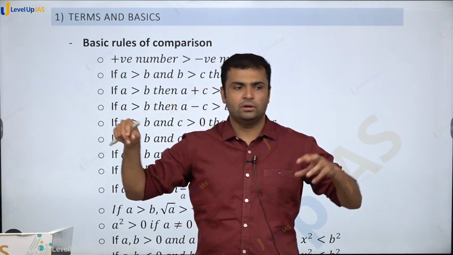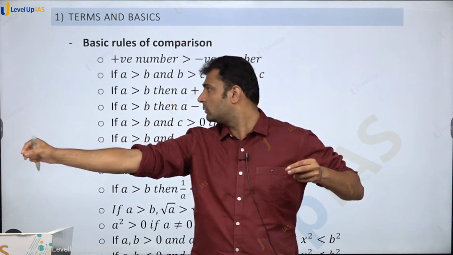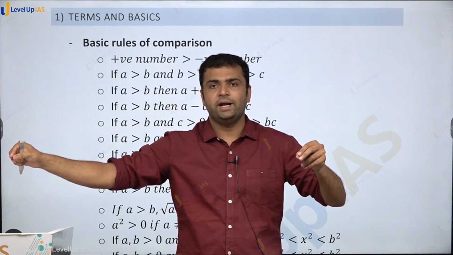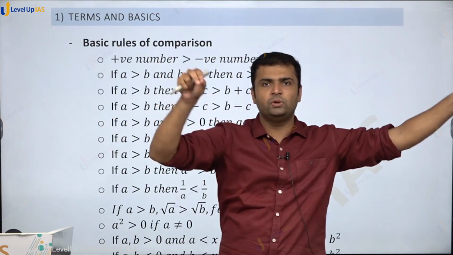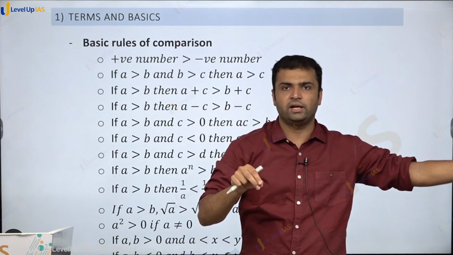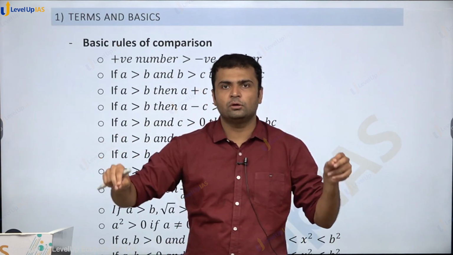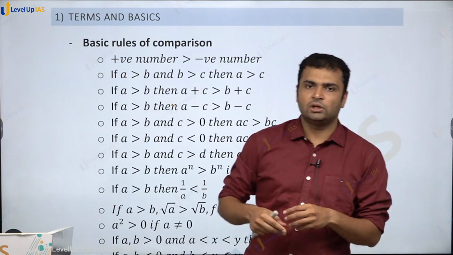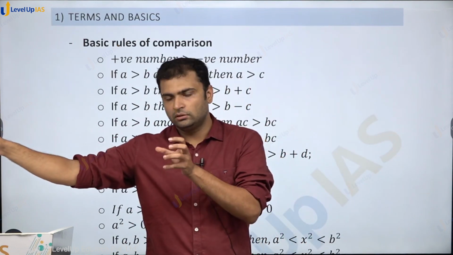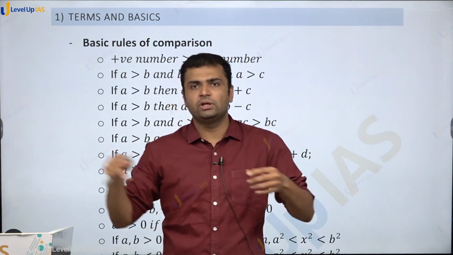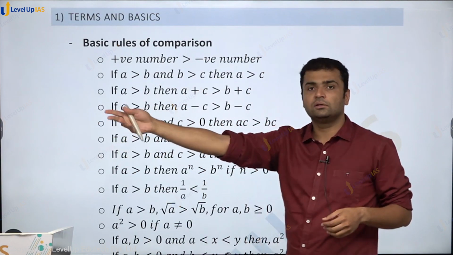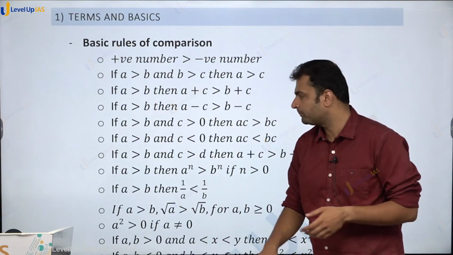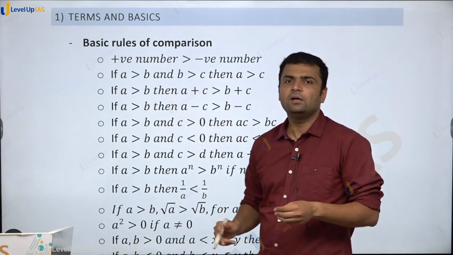If we have A here, B here, A is greater than B, then adding a constant C means both of them will jump by the same quantity to the right. Subtracting means both of them will jump to the left, and in any case the new quantity will remain to the right of the one which was lesser, because the jump is by a constant.